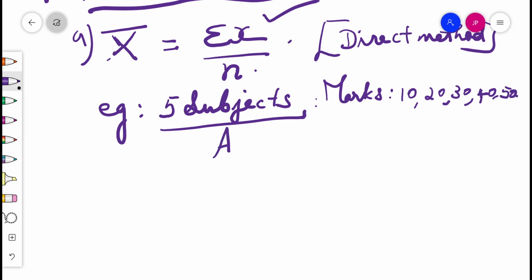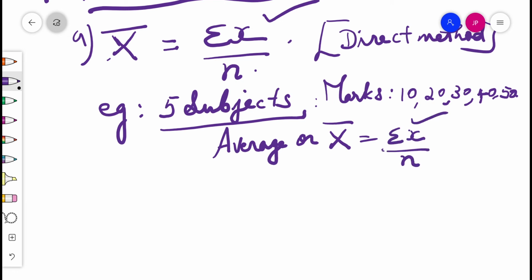How do we calculate the average or arithmetic mean x bar? What is the formula? x bar is equal to sigma x by n. We have to write the formula and explain its terms: sum total of the observations divided by number of observations.